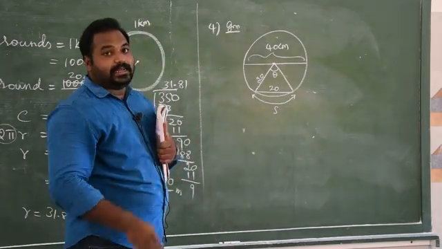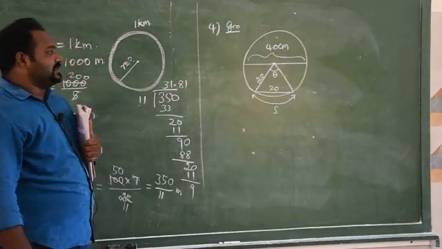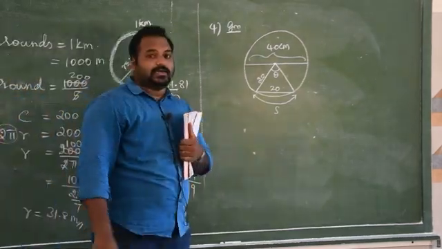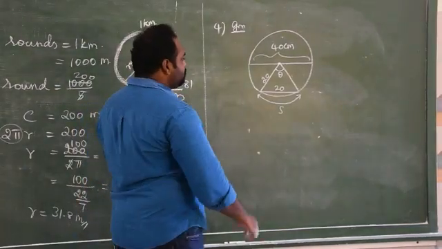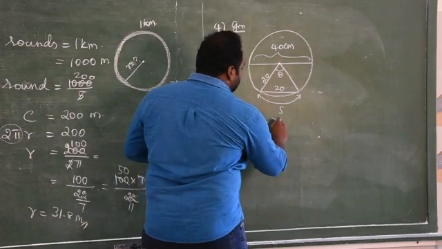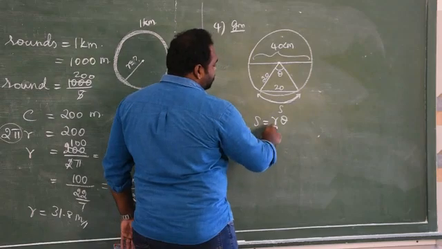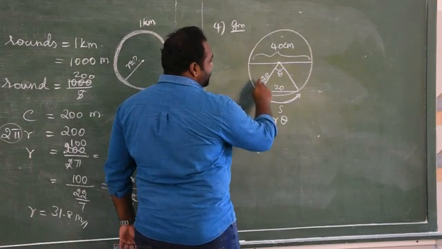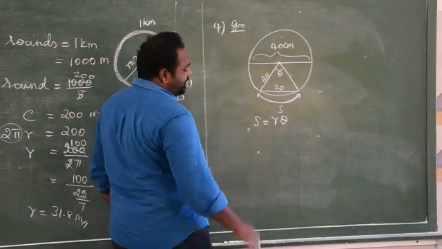Already in the beginning I gave a formula, S equal to R theta. I am going to use the sector formula S is equal to R theta to find the S value. So here S equal to R into theta. The R value we know, that is 20 radius, but we need a theta value to find the S value.